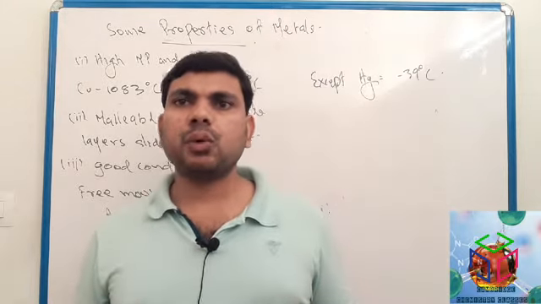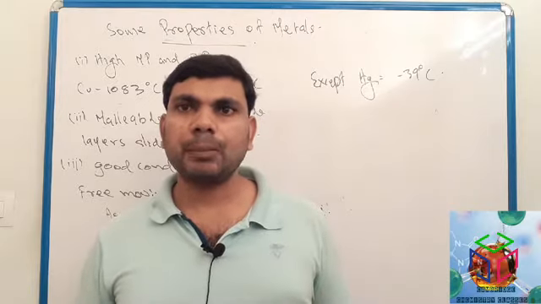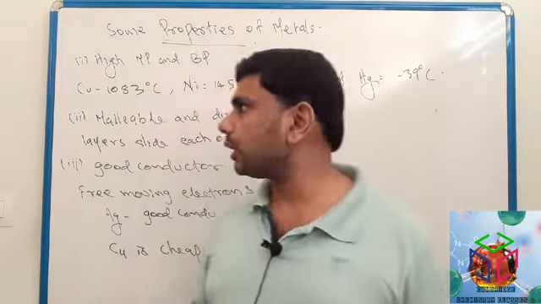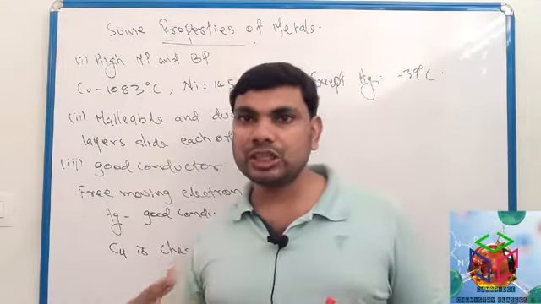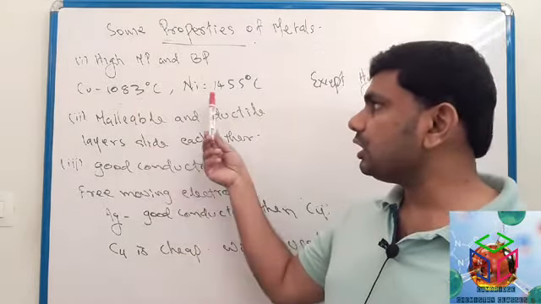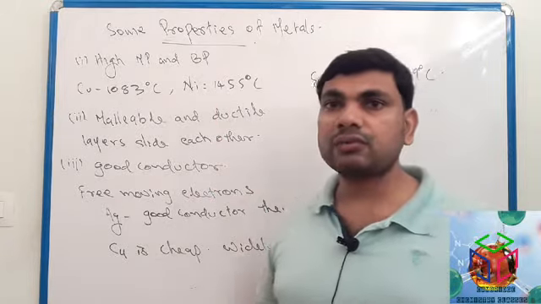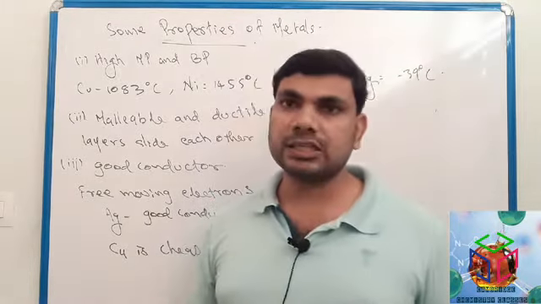First, we have to discuss melting point and boiling point. See here, as we discussed before, the melting point of copper is 1083 degrees Celsius, and nickel 1455 degrees Celsius.